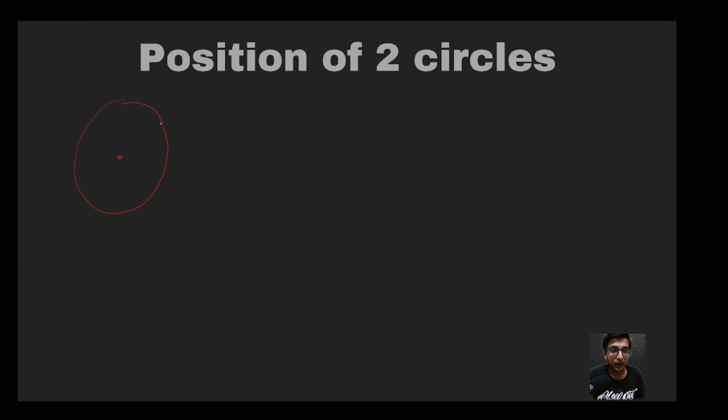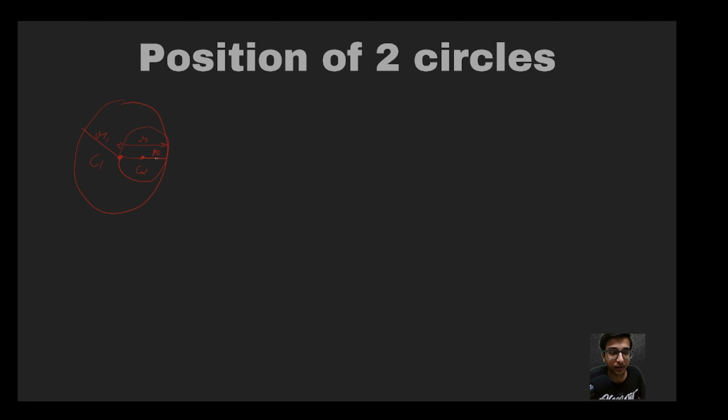Now let's say a circle lies inside this circle and touches it this way. This one is C1, this one is C2, this is our R2 and this is our R1. This distance here is also R1.